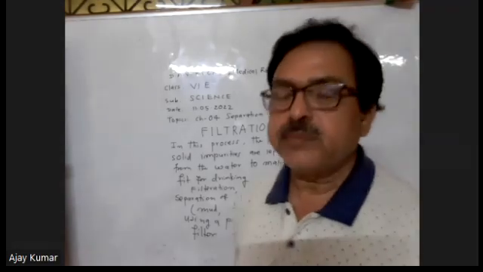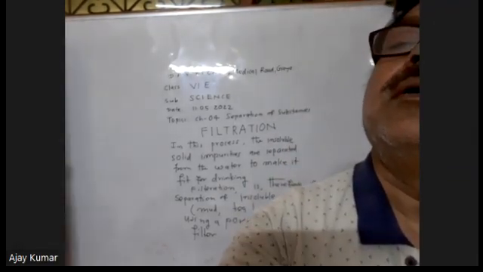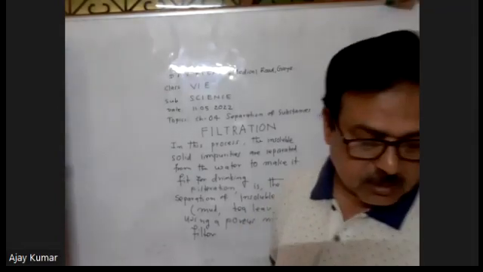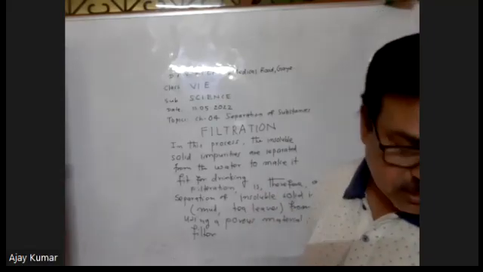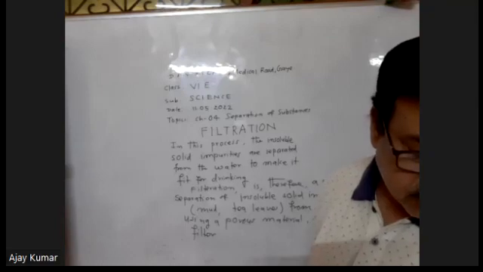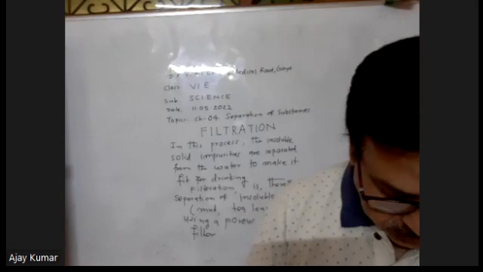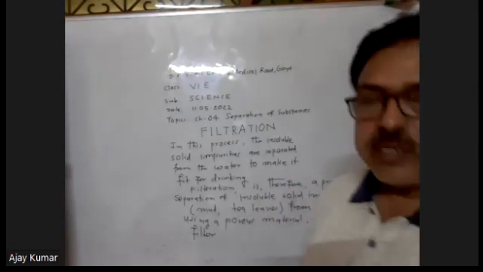Now you see. After doing this filtration, we will do the activity related to filtration. We take some muddy water in a beaker and we take a piece of filter paper.